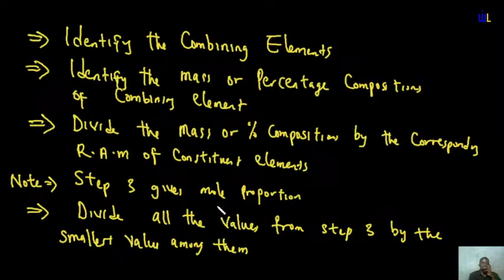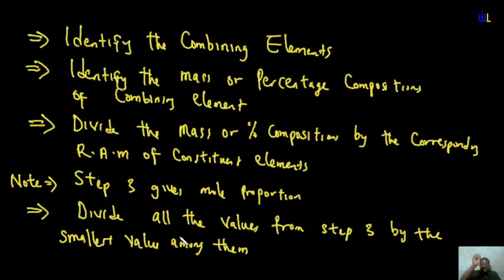So once you are done with step 3, you check amongst all of them, there has to be a smallest value. Use that smallest value to divide everybody. And once you do that, you have gotten your final answer. So basically, these are the 4 steps. And once you follow these 4 steps accordingly, there is practically no empirical formula question that you cannot answer. We're going to answer 1 or 2 questions on that, and then move ahead.